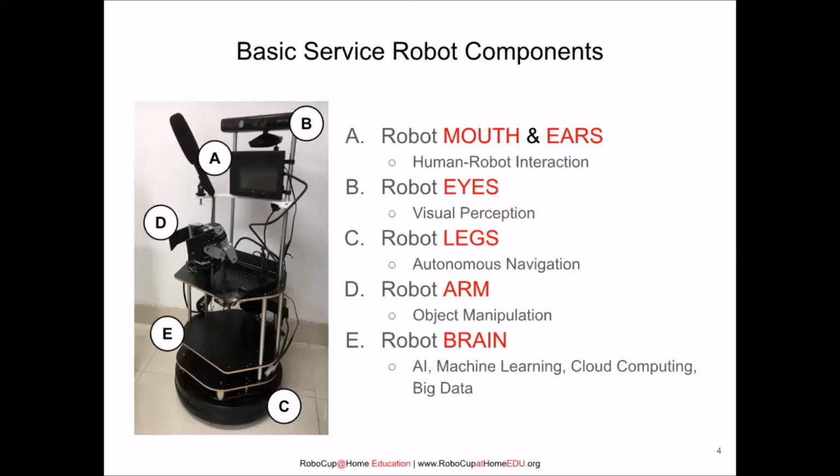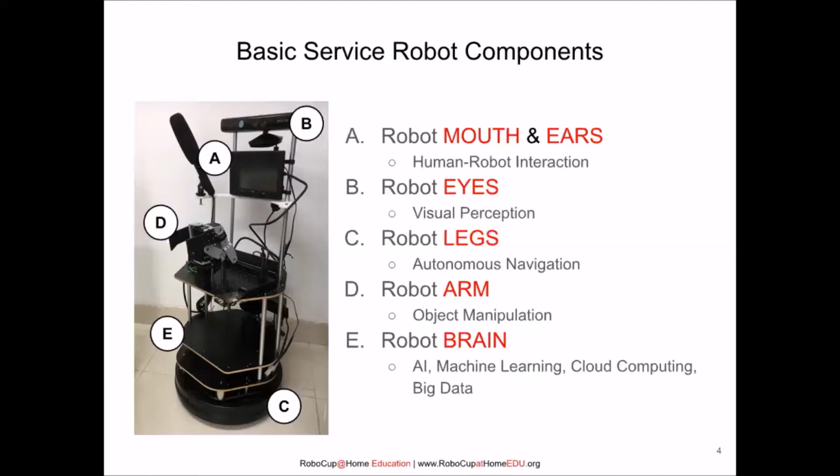Right. Then the next component is the arm. The basic functionality of this arm is to manipulate objects. For example, you need to grab a bottle, or some other object, for a certain application. So the robot arm has to be able to do that.